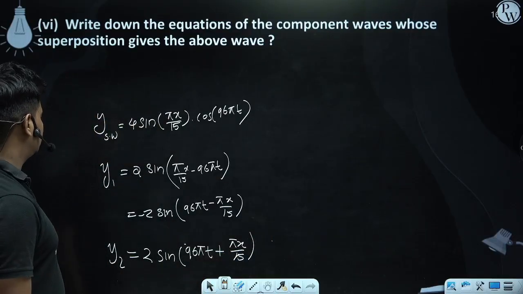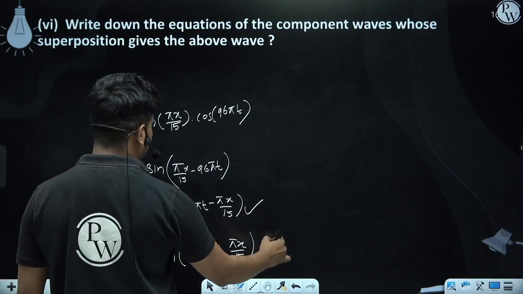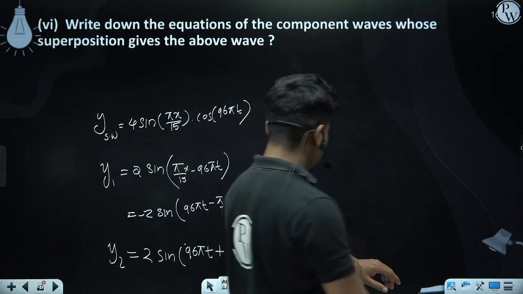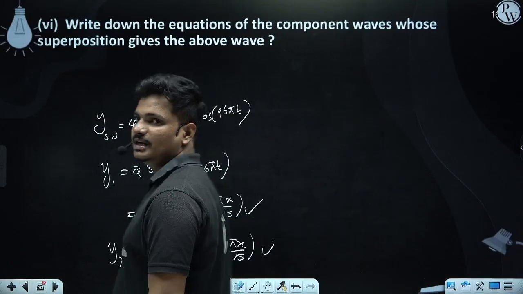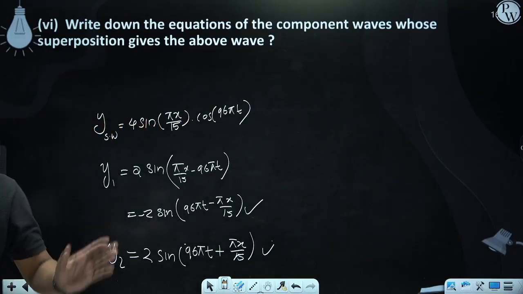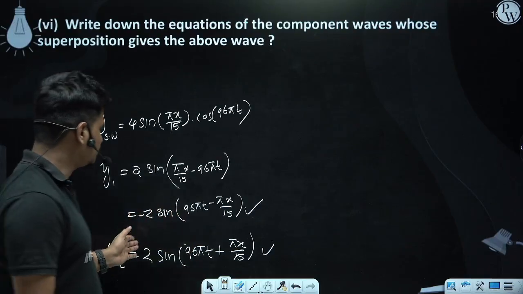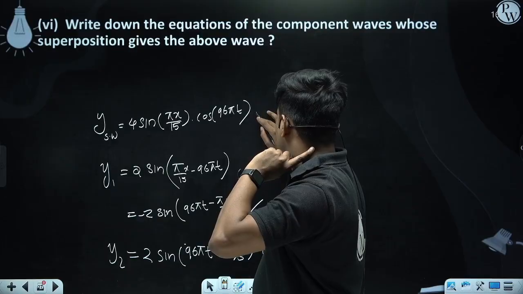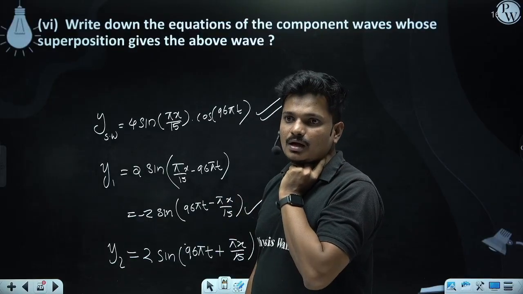So this is y1, and this is another component. By the superposition of these two component waves, we get this standing wave.